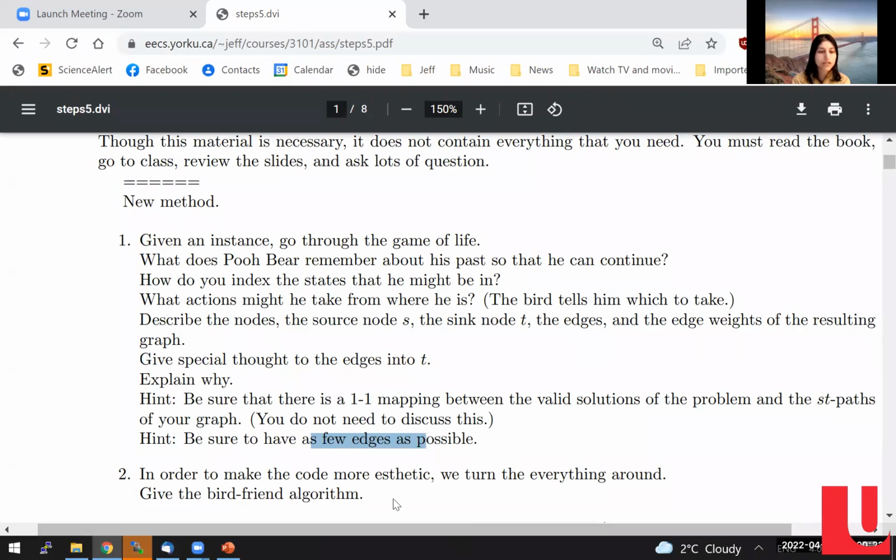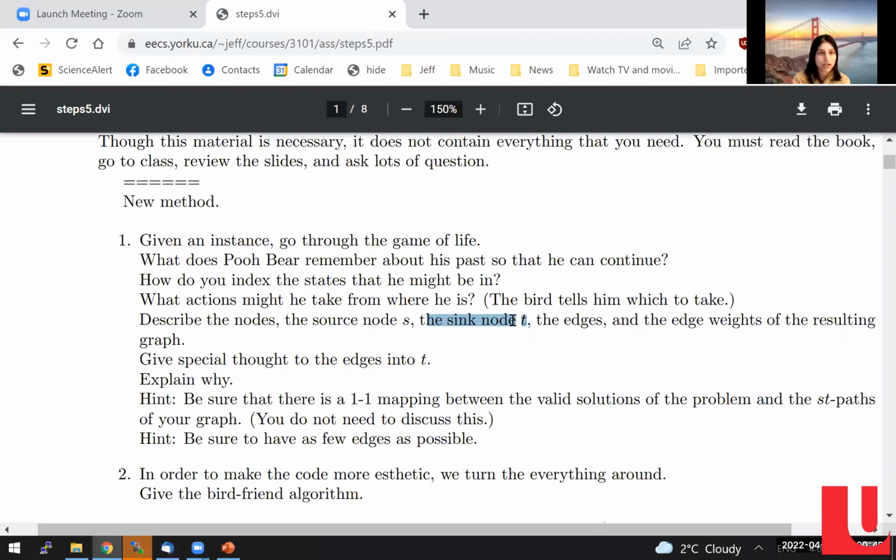Yeah. So for the sink node T, in the describe part, the sink node T would be where we considered objects that almost fill the knapsack, but don't necessarily have to fill the knapsack.